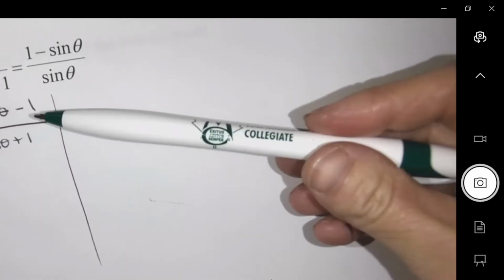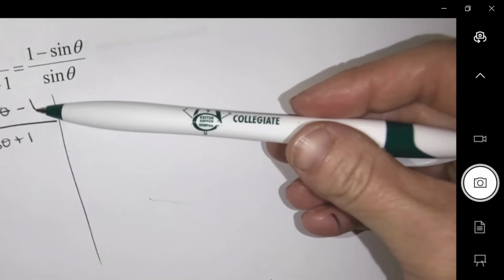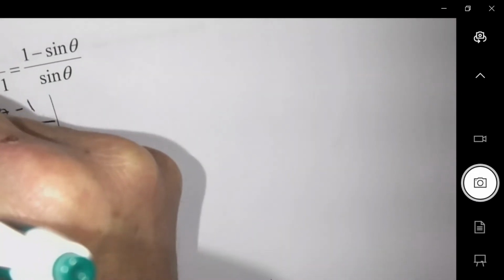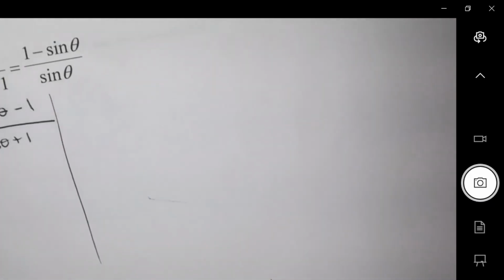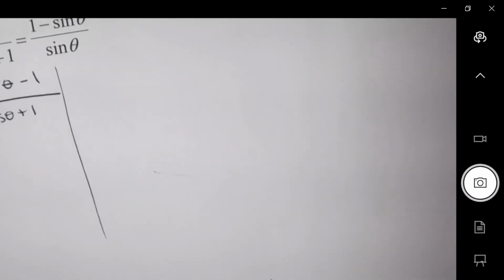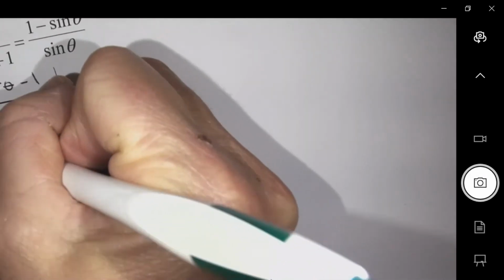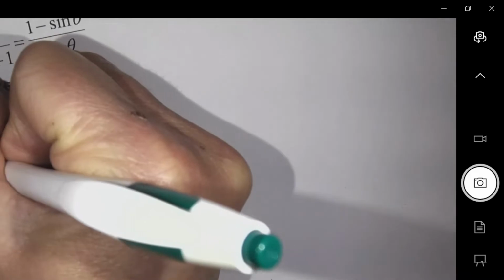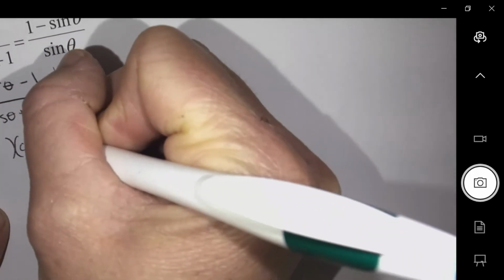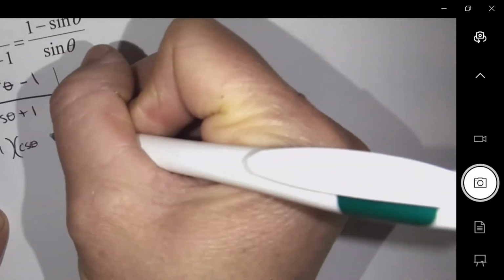Okay, so that was from the formula sheet. Now I'm going to factor. I'm going to factor that using a difference of squares. So 2 brackets, cosecant theta at the start, and a plus minus 1.